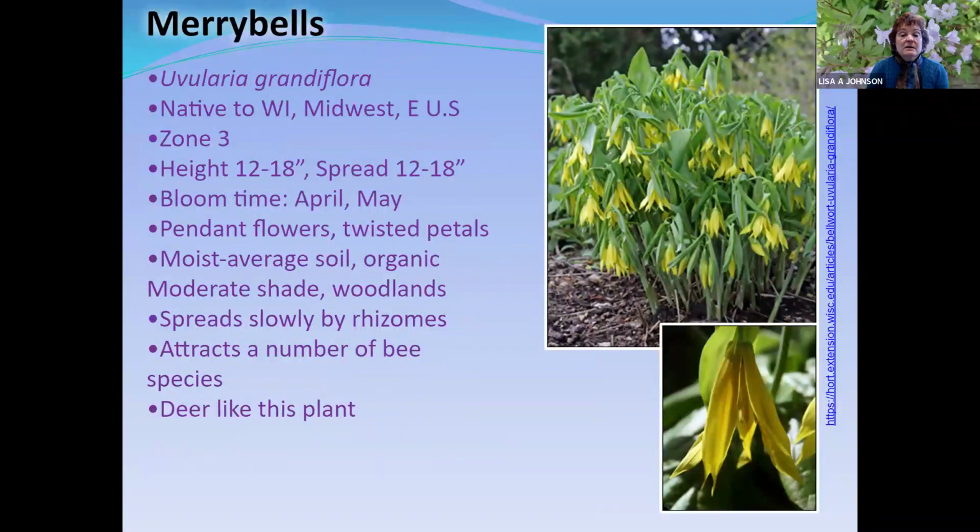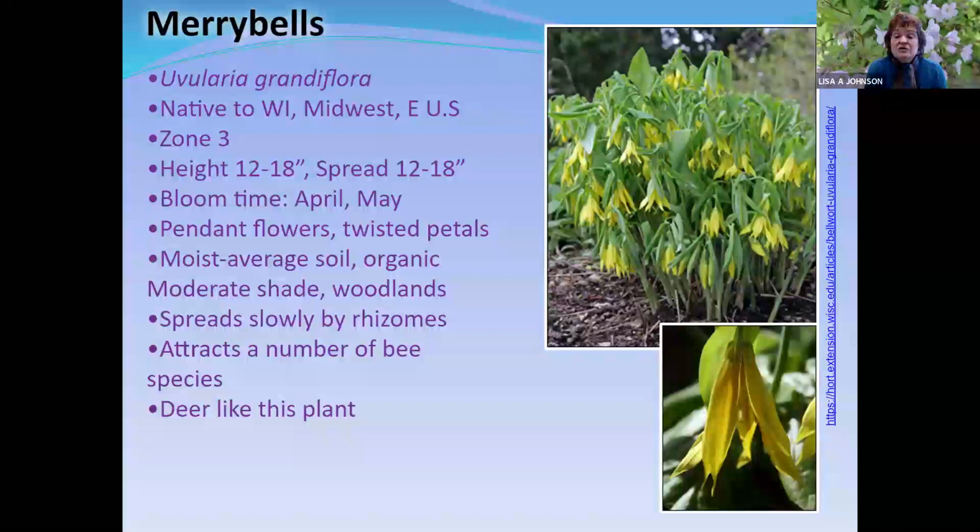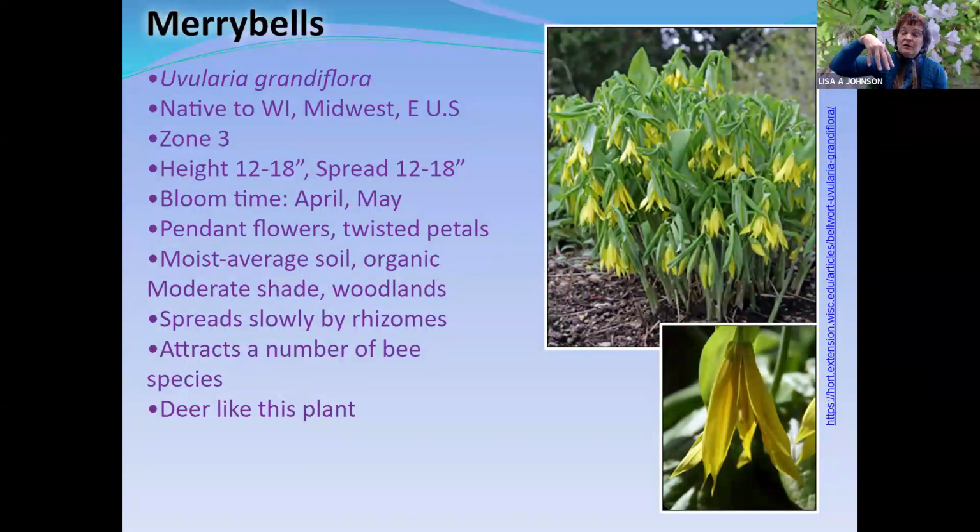Okay, that is Marybells, also called bellwort. That's a taller one, and that one starts to bloom in late April and goes through May. And it is a little bit taller plant. Really interesting flower that's pendant, so it hangs, but the petals are kind of twisted, which is sort of interesting.